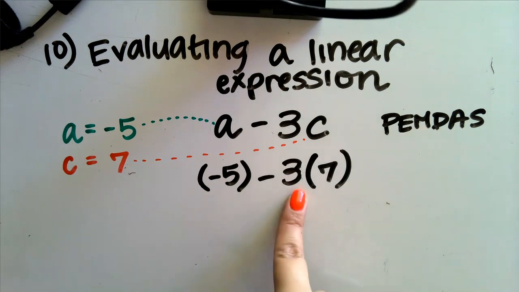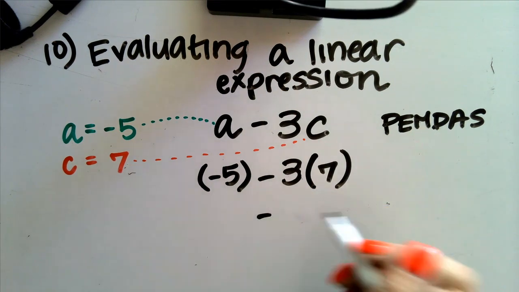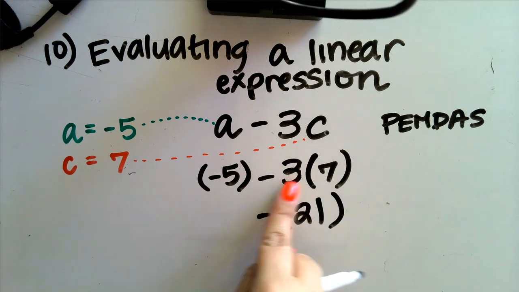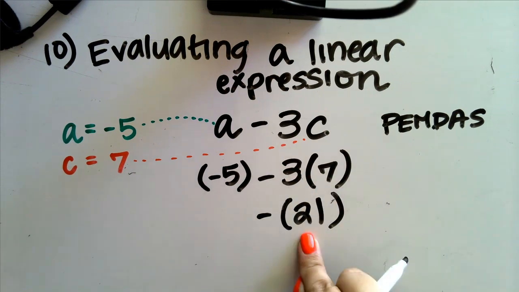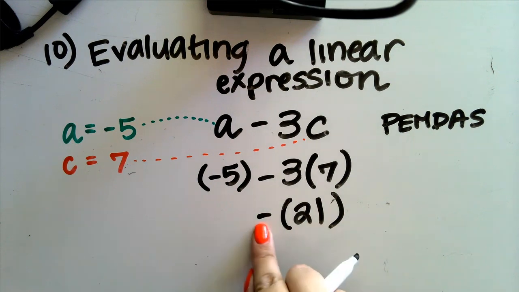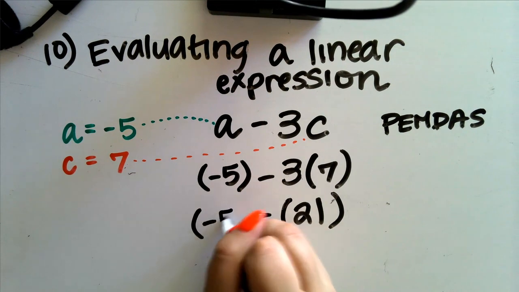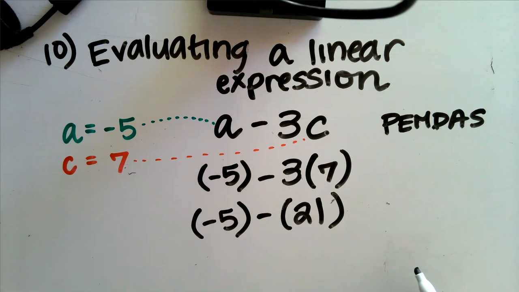So I'm going to go ahead and do this multiplication. I know that 3 times 7 is +21, and I'm going to bring down that subtraction sign and bring down anything else that I have not dealt with so far.